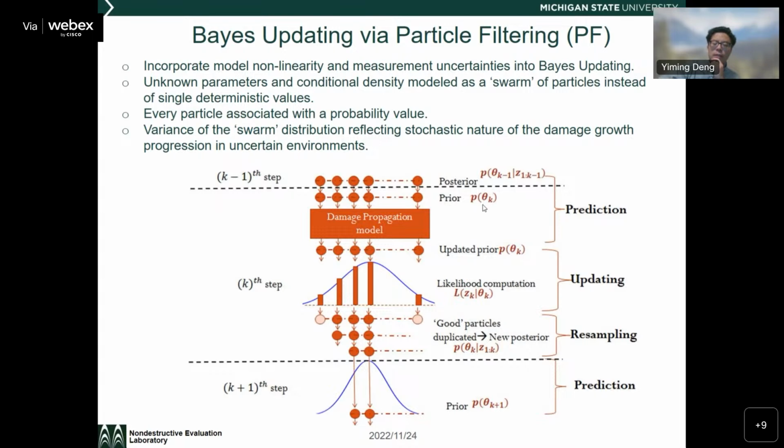And well, this is related to the damage, right? You can use this prior probability, pass that into the damage propagation model. So you'll have a damage model for different damage problems you're working on. And in the next example, you'll see we'll adopt the Paris law for the damage propagation model, and we also developed a new Paris law for the composites damage growth.